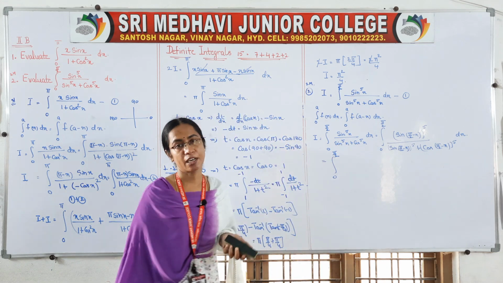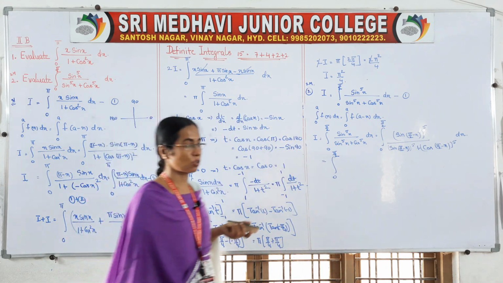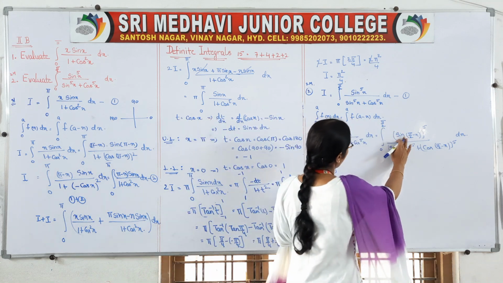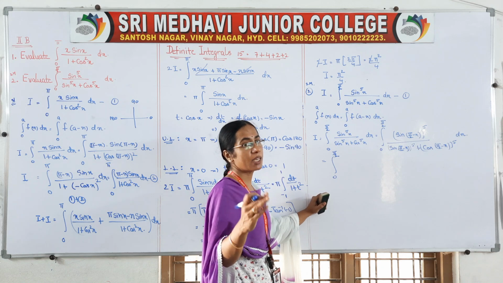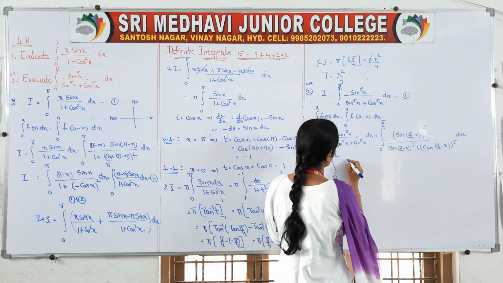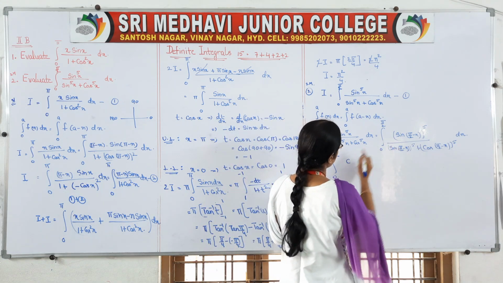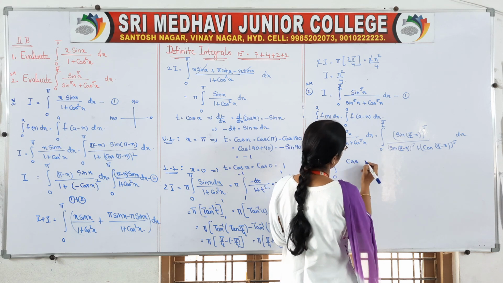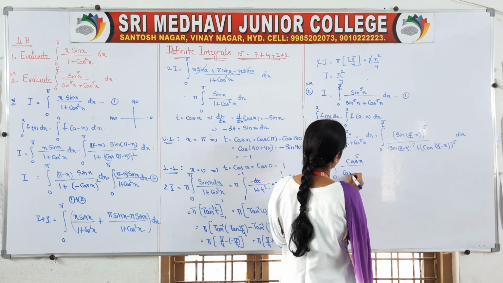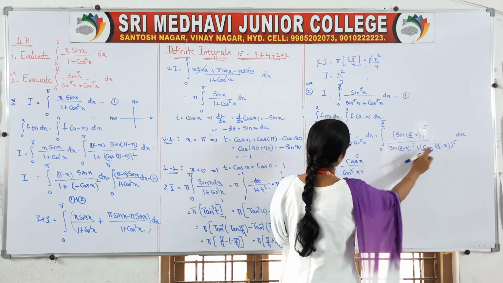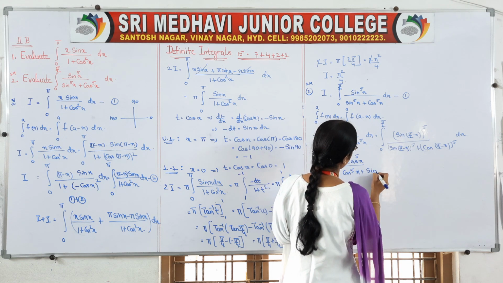In 90 minus theta, first quadrant, all ratios are positive, and for 90 minus or 90 plus the ratio changes. So sin changes to cos of x to the power of 5. Downwards also it will be cos 5x, and cos changes to sin 5x.